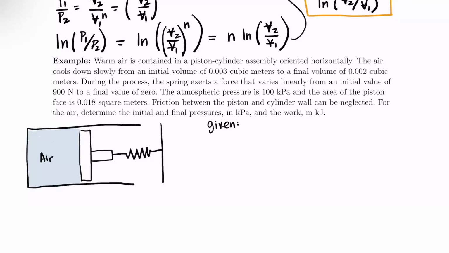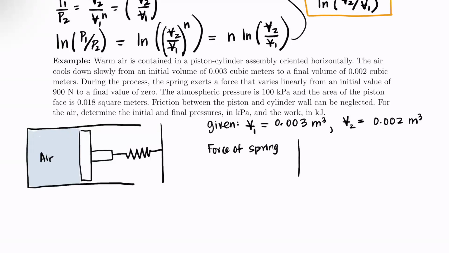We are given two states for the volume. So we're given that the initial volume, I'm going to call that V1, is 0.003 cubic meters. And we're given that volume 2 is 0.002 cubic meters. The force of the spring is given to us between state 1 and state 2.